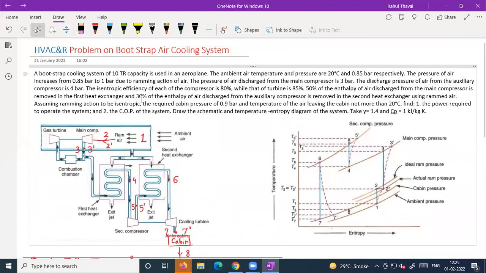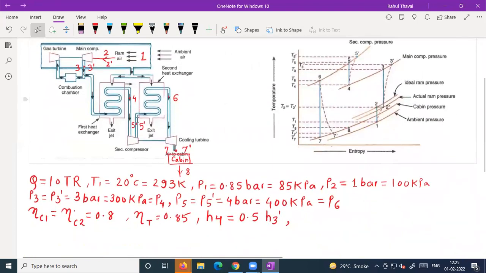Next, and 30% of the enthalpy of the air discharged from the auxiliary compressor is removed in the secondary heat exchanger. What is the enthalpy available at the inlet of the secondary heat exchanger? It is H5 dash.